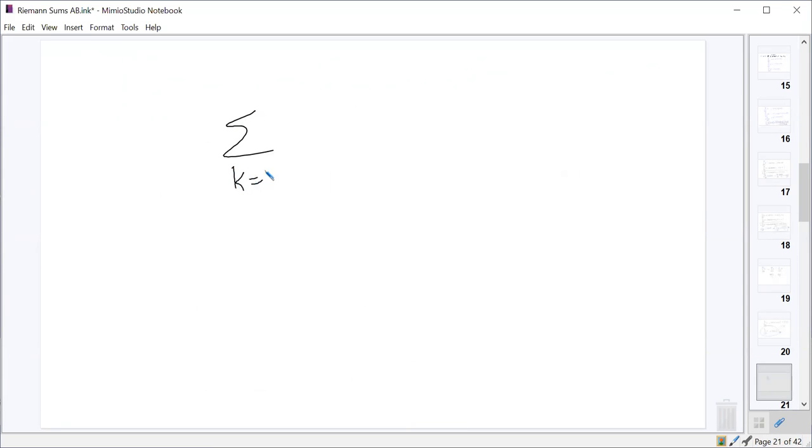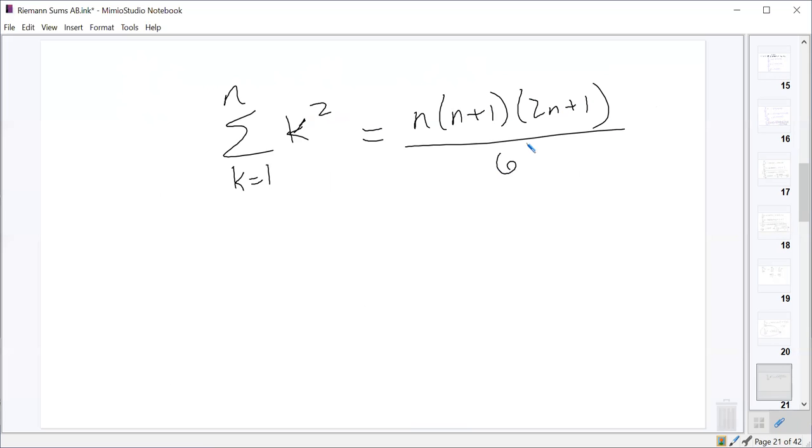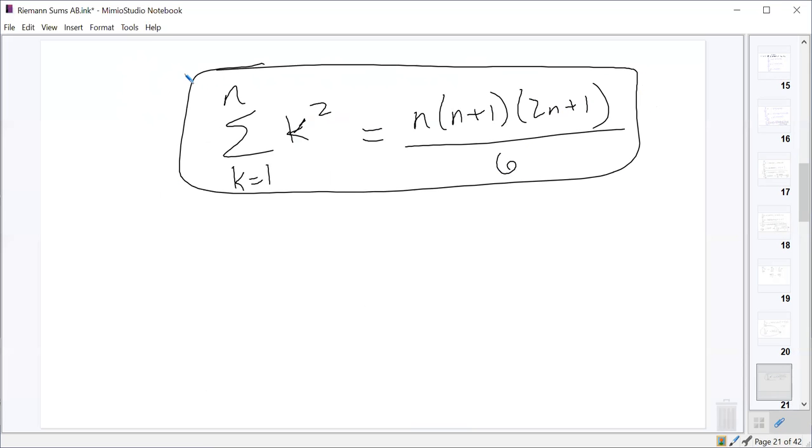And last one, which we're not going to prove, but if you want to, you can go online and look at the proof sometime. If I wanted to sum from k equals 1 to n of k squared, so all of the squares, this one comes up quite often, so you should know the formula for this also. It's n times n plus 1 times 2n plus 1 all over 6. So memorize that formula as well.